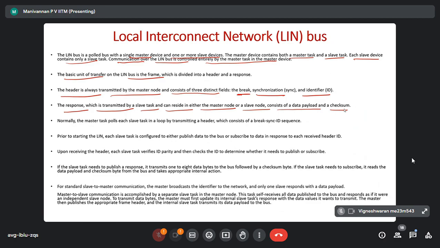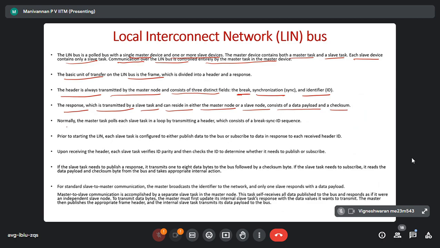Whoever responds with the data is called a slave task. Correct? Master also can transmit data. Master asks for data. Sometimes that data may be available only with master. The data may be needed by other slaves also. Master feels this data should be sent to himself or somebody else also. So that's how it is done.